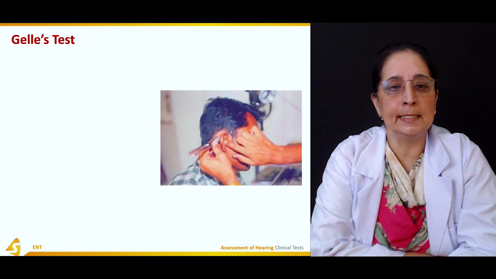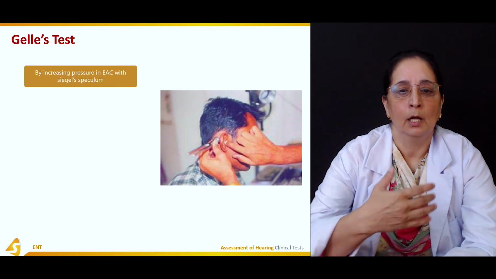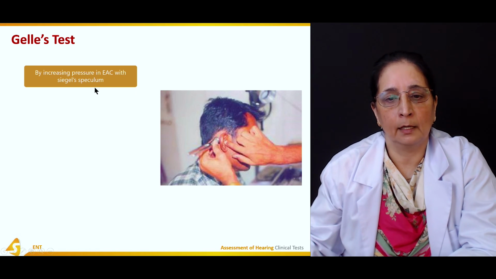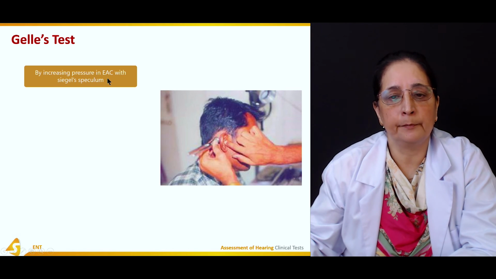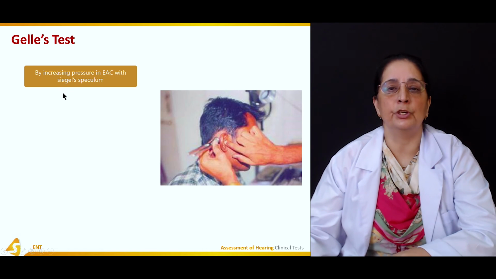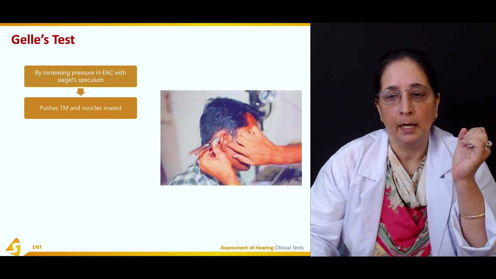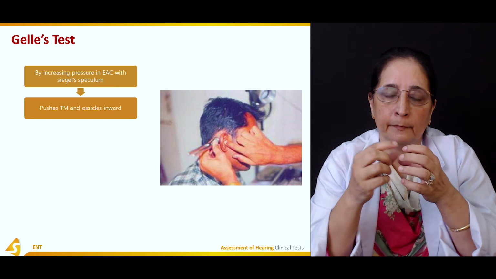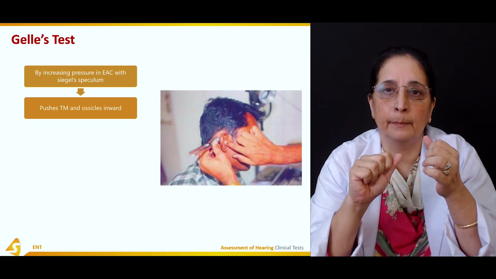Next is the Gelle's test. It's the test in which the pressure in the external auditory canal is increased with a Siegle's speculum. Siegle's speculum is an ear speculum with a tube attached to it, and there is a pressure pump.